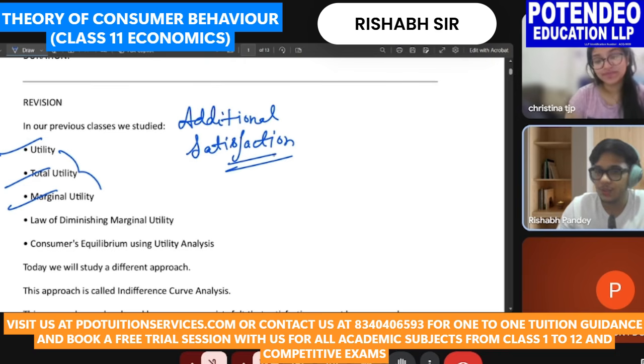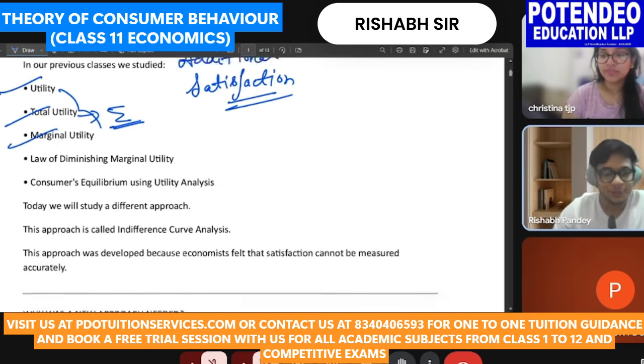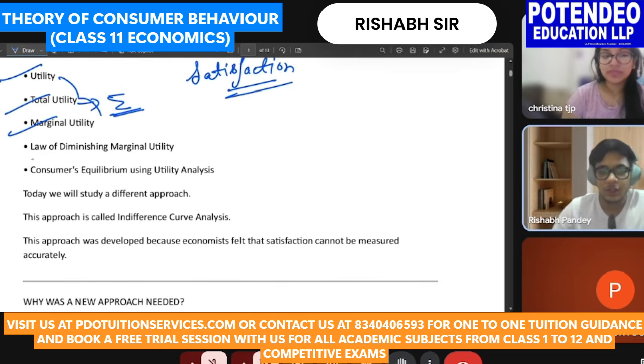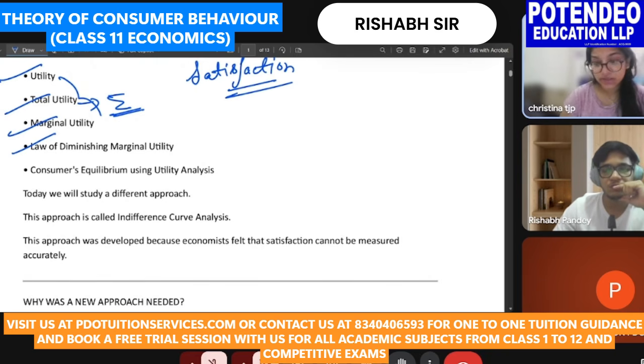I was about to say this sign, which is the summation sign, but you just said it. That's why I complimented you on that. Now, the law of, let's be short, DMU. What do you understand by this law? DMU is that the marginal utility keeps decreasing. So when the marginal utility decreases, the total utility increases.